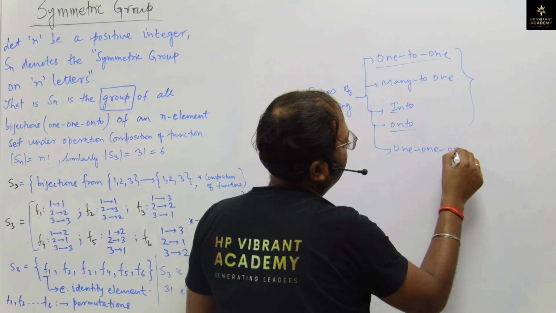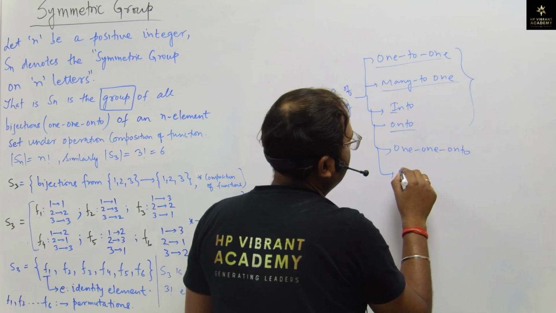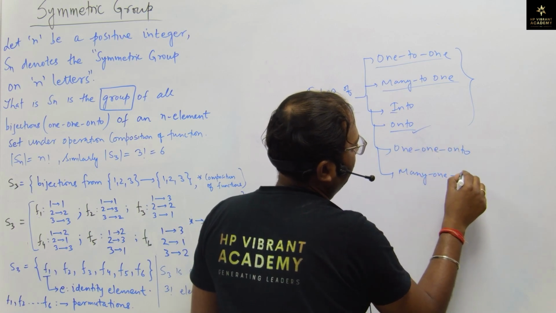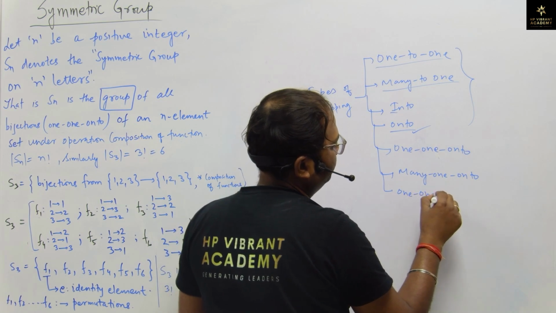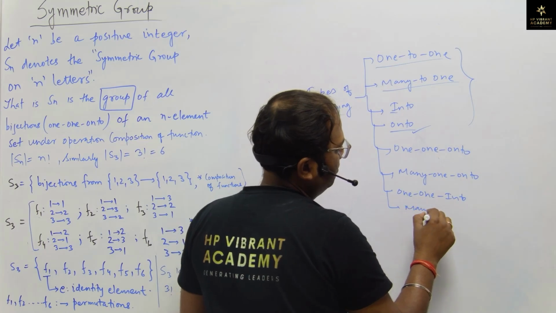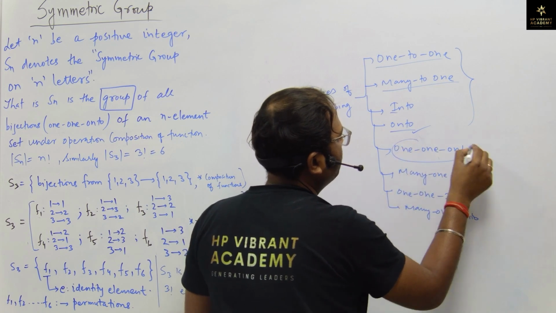Let us take many 1 onto. Next we have 1 1 into, and we have many 1 into. So this 1 1 onto is also known as bijection.